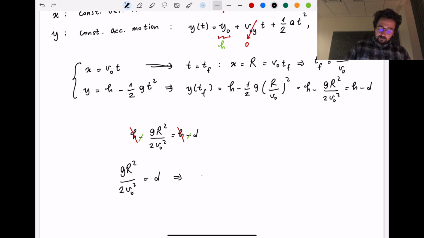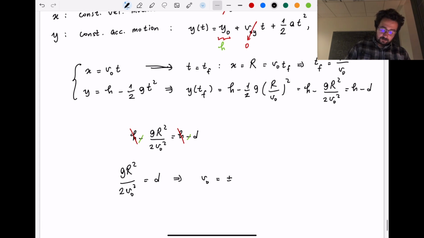And if we solve it for v0, we find plus or minus square root of g r squared over 2 times d. And at this point we are going to take the positive root, because this is speed and speed is always positive.